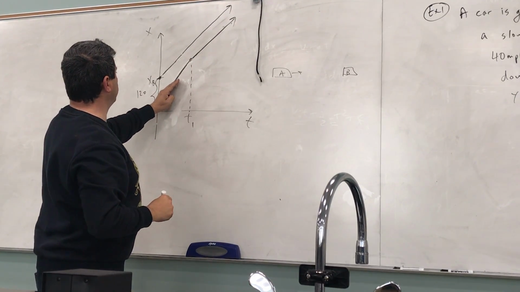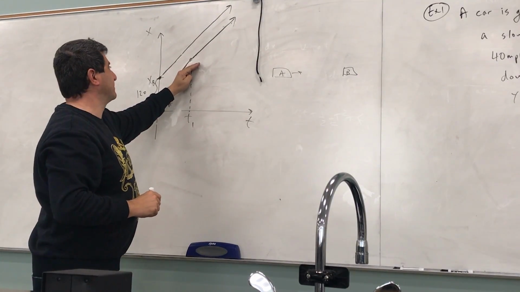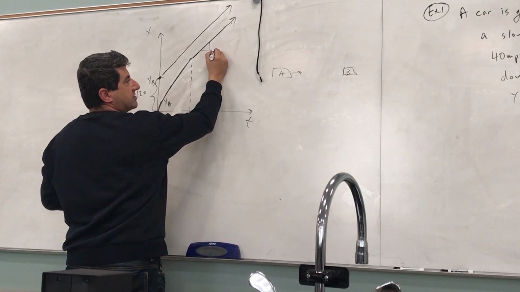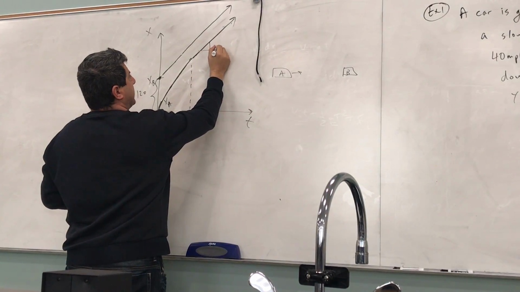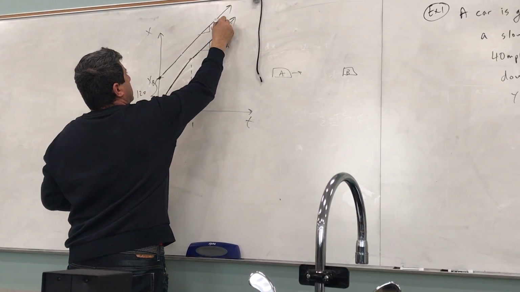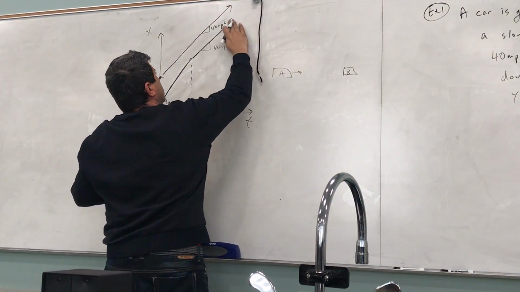So you're slowing down, which means the slope of the tangent line is decreasing. Right? And at the point where you reach the same velocity, now your velocity is 40 miles an hour, right? And then this is also 40 miles an hour. And after that, your distance always stays the same. So these two lines are parallel.